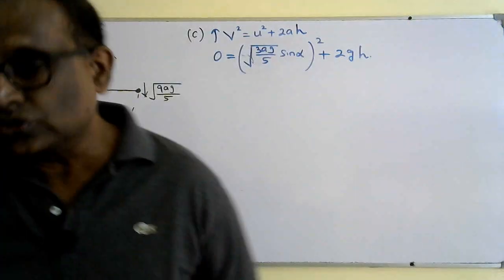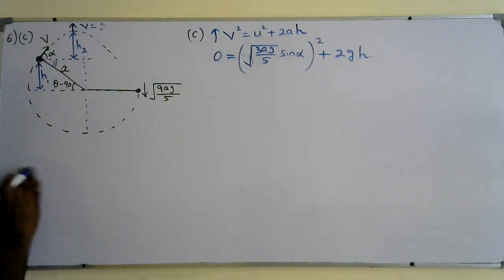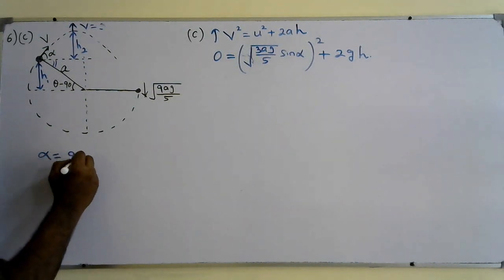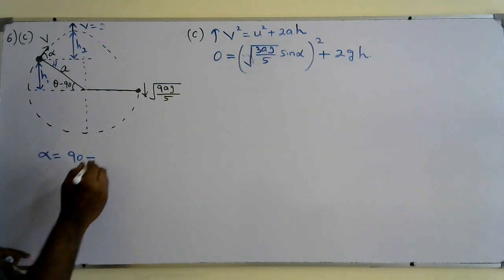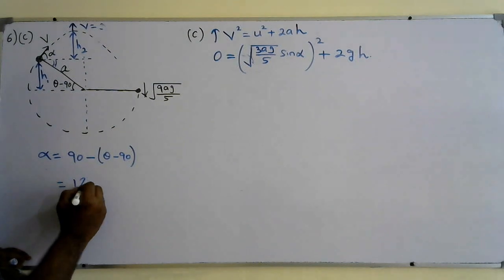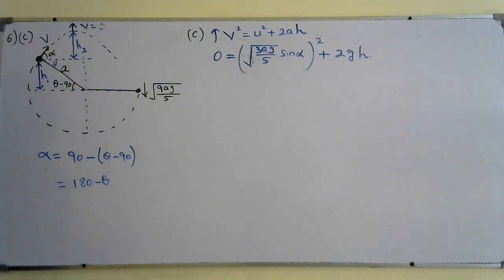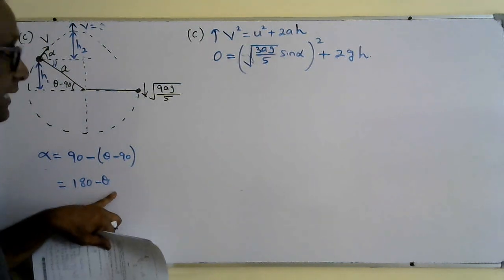So alpha is equal to 90 minus, by alternate angle, theta minus 90. So that's going to be 180 minus theta. So sine alpha is equal to sine of 180 minus theta.